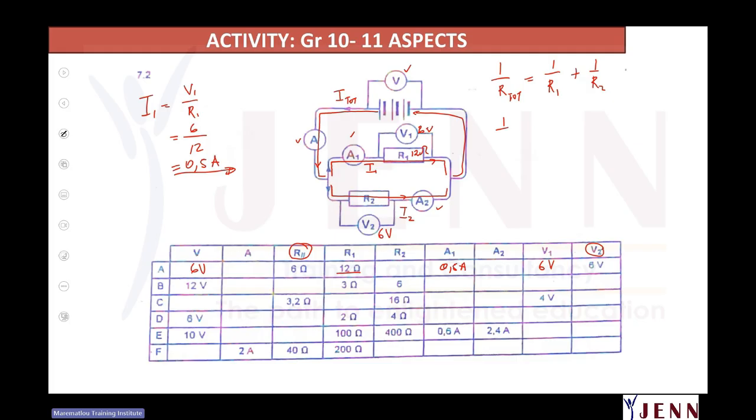R total we have already been given, which is 6 ohms, and 1 over R1 we were given as 12, plus 1 over R2, which is what we do not have. However, we can now get R2: R2 will be equal to 1 over (1 over 6 minus 1 over 12). And if we press our calculators there, we'll get the answer.